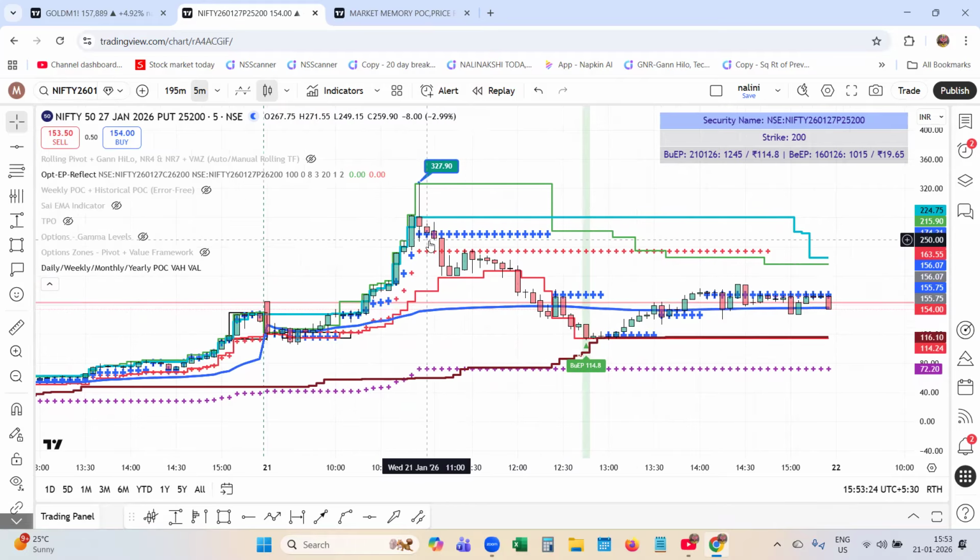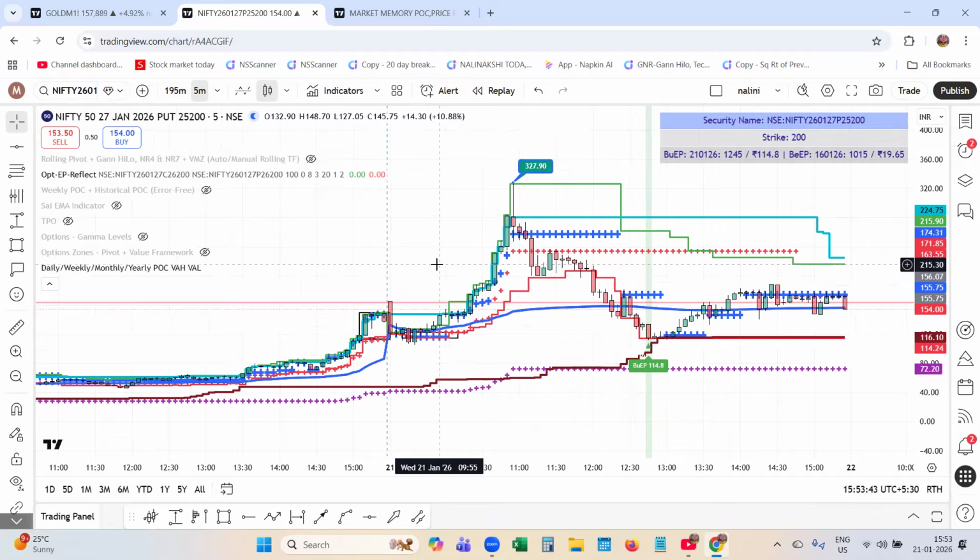The price got rejected from the daily POC and it retested the weekly POC and it could not sustain that. Price started coming down. From 236, it started moving down because underlying Nifty started moving. Beautifully, I demonstrated, I showed that on the underlying how the Nifty traded long.